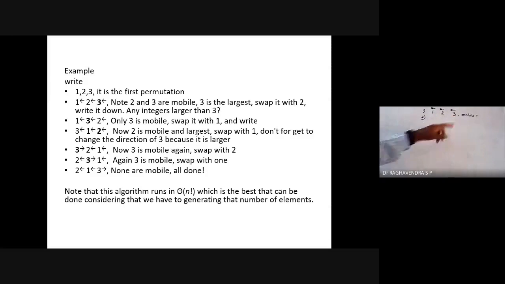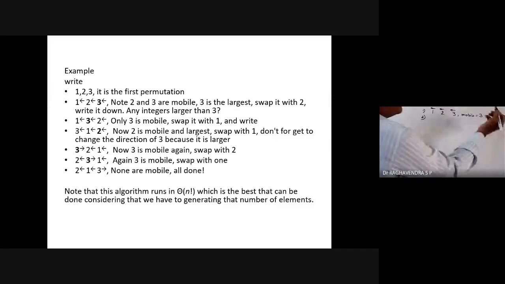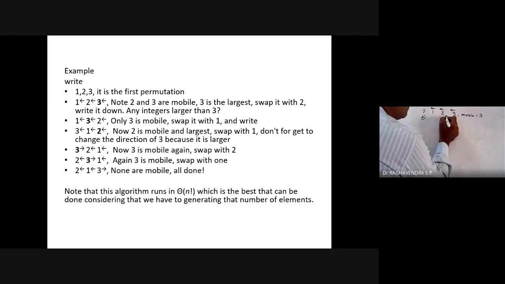Very good. Among them, 3 will be the largest mobile. So that is why 3 will be taken as the mobile. Hence, this 3 has to be swapped with 2. So 1 will be there as it is. 3 comes here, then 2 comes here.